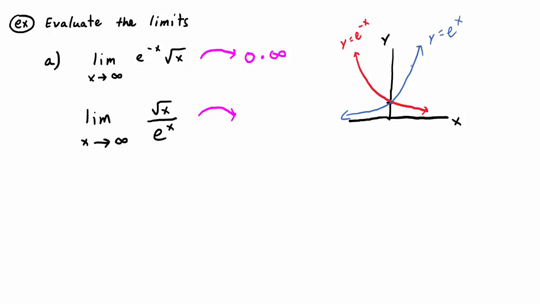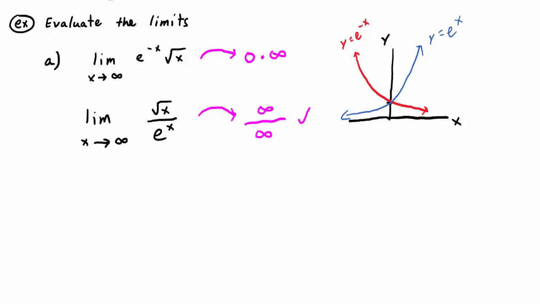And what does the graph in blue do as x gets bigger and bigger without bound? It goes to infinity. So the denominator becomes infinity upon direct substitution. The numerator, it's still square root of x, so it's still infinity. Now, what about infinity over infinity? Is that one of our forms? You bet. So L'Hopital's rule applies.